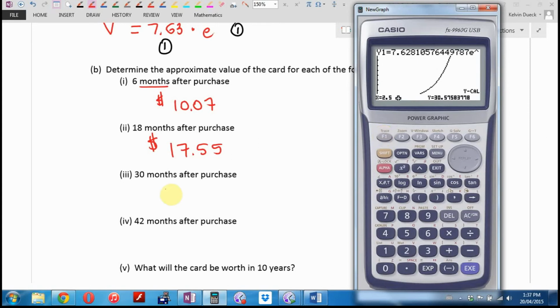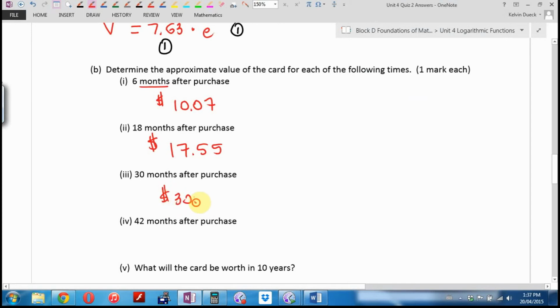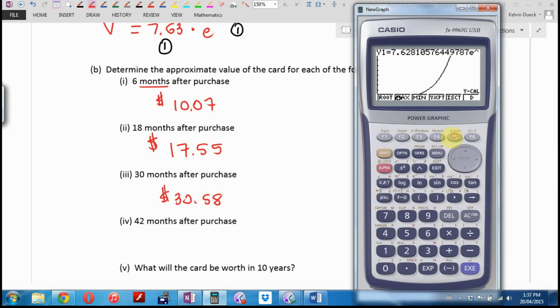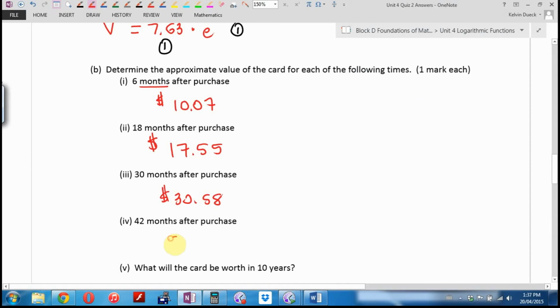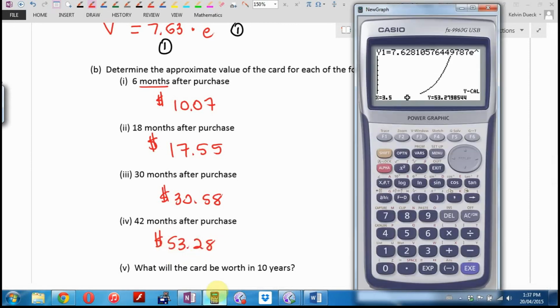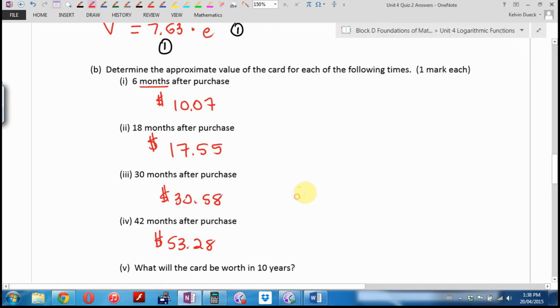Mm-hmm. 42 months. Because that's what you're doing to go from months to years, is you're dividing by 12. 53.28. 10 years. Okay, now we're in years. $1,969.08. Wow.